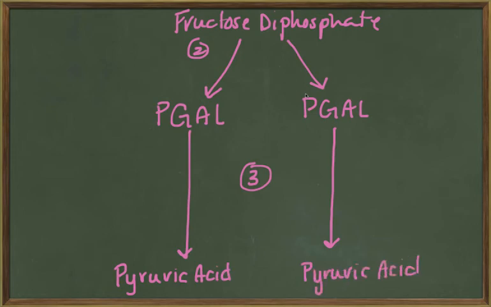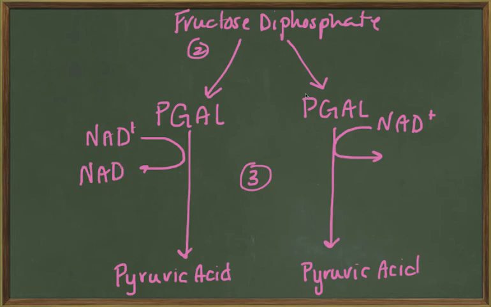What's important between PGAL and pyruvic acid is the stuff that you create, not the individual products that come out through the process, but actually your energy carriers. The first thing that gets made between PGAL and pyruvic acid is a molecule whose cousin you have actually already met. A molecule called NAD+ comes in and it picks up a hydrogen and it becomes NADH.